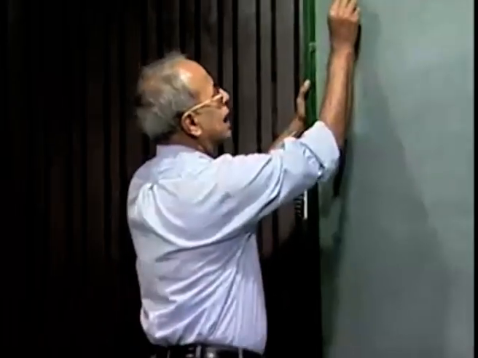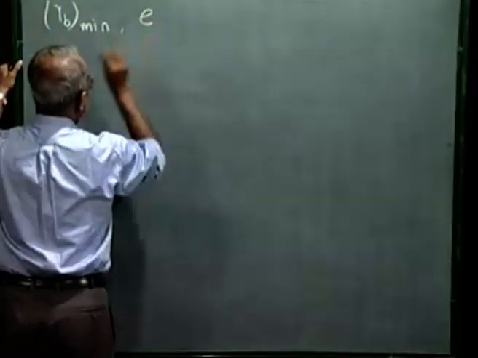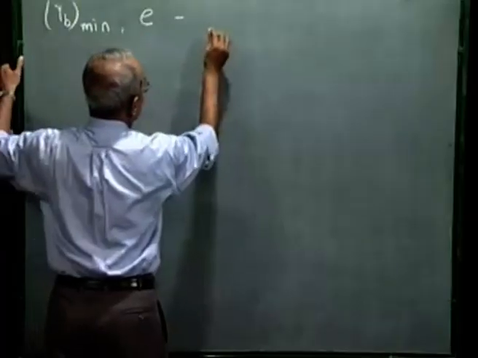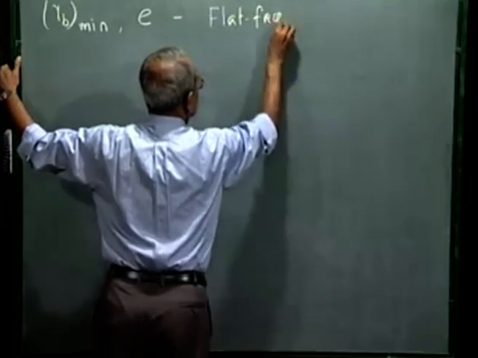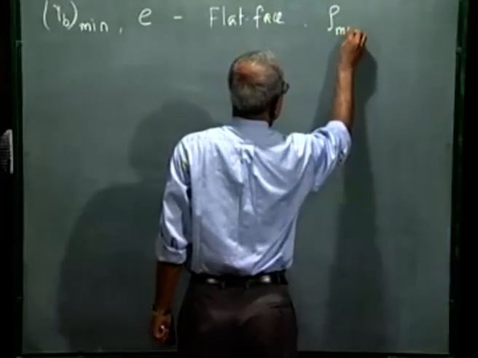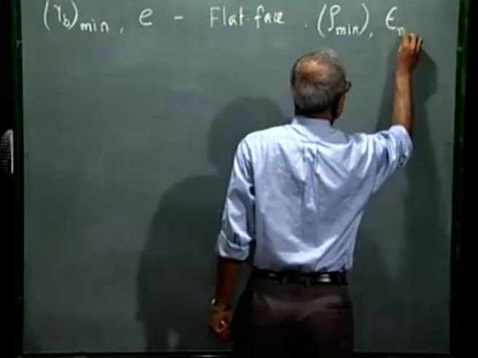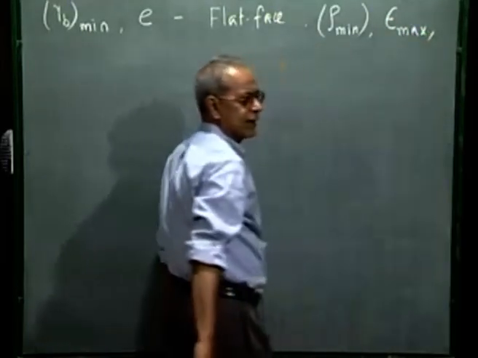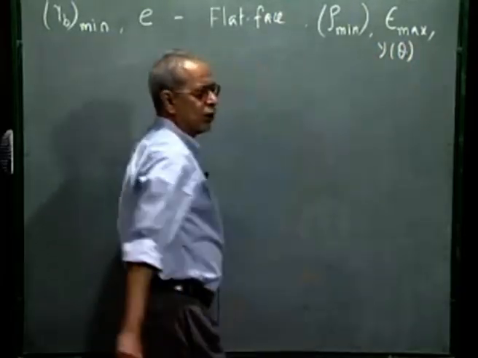So, our next task is to determine the RB minimum, that is the minimum value of the base circle radius, and the offset that we can use for a flat face translating follower when minimum radius of curvature of the cam profile and maximum eccentricity of the driving effort and the desired follower motion are all prescribed.